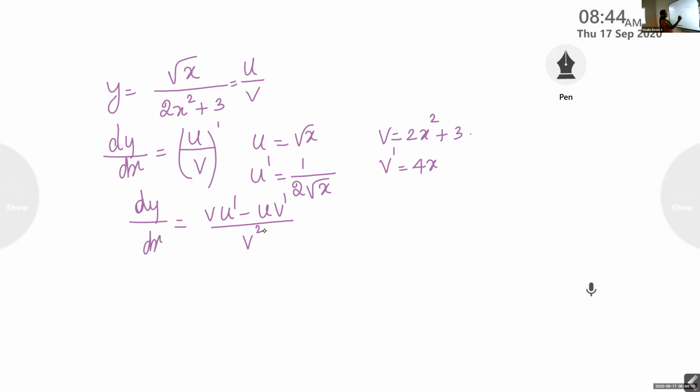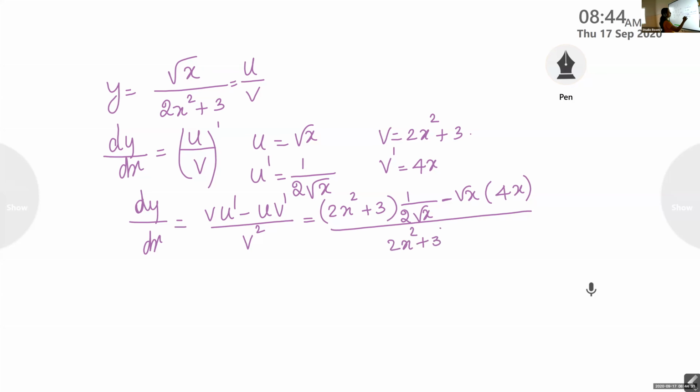So which is same as 2x square plus 3 into 1 by 2 root x minus root x into 4x by 2x square plus 3 the whole square.